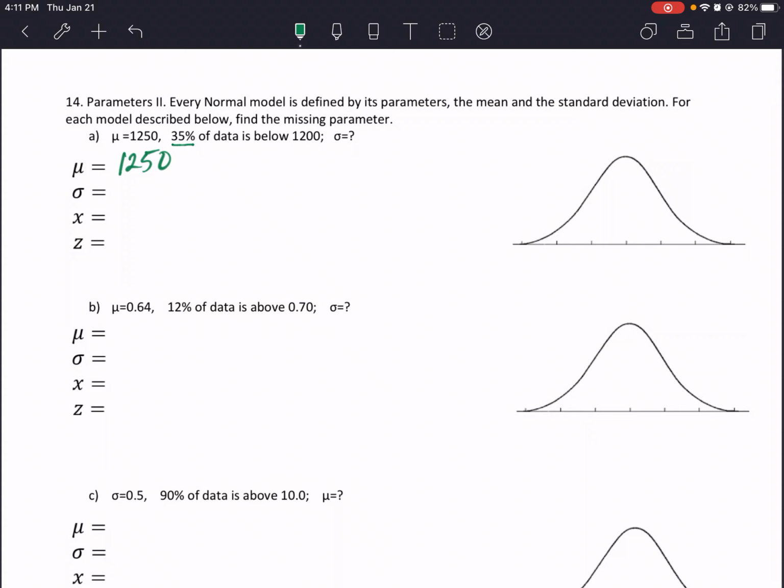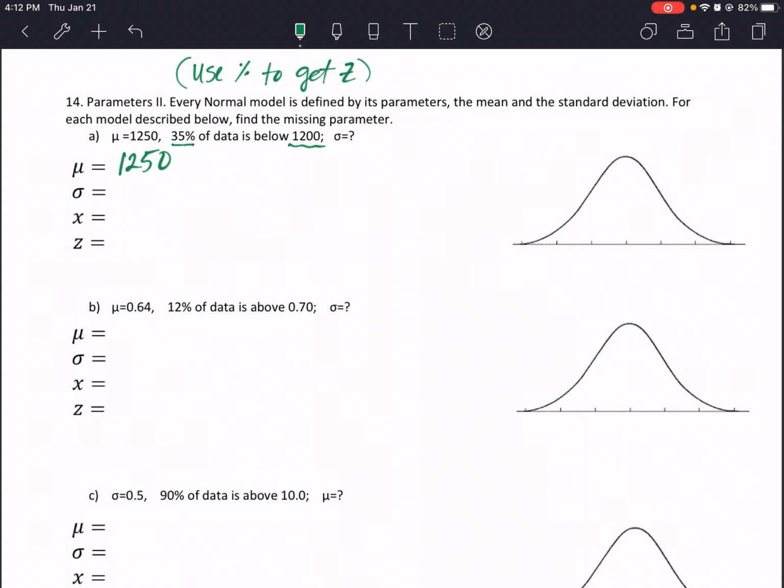35%. So I'm thinking already to myself, oh, I'm going to use the percent to get the z. Okay, so that's kind of what I'm thinking of in my mind. It says 35% of the data is below 1200.